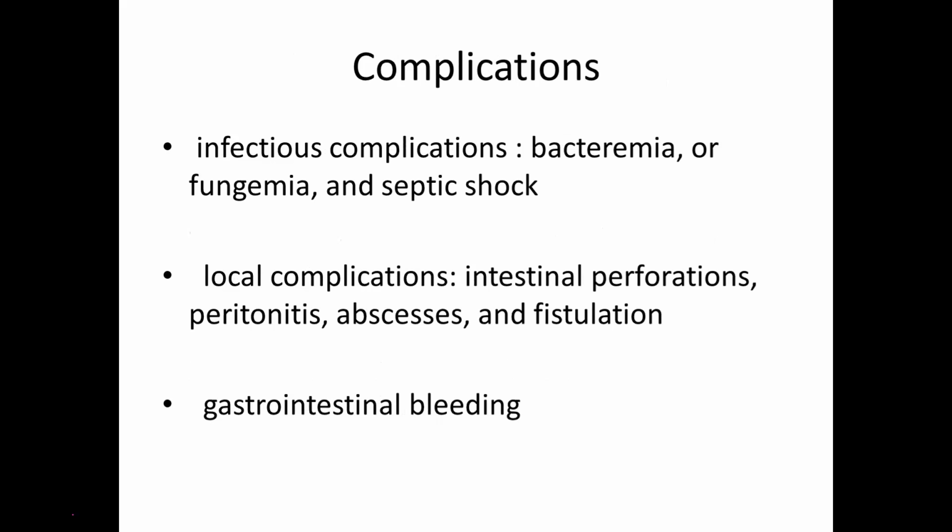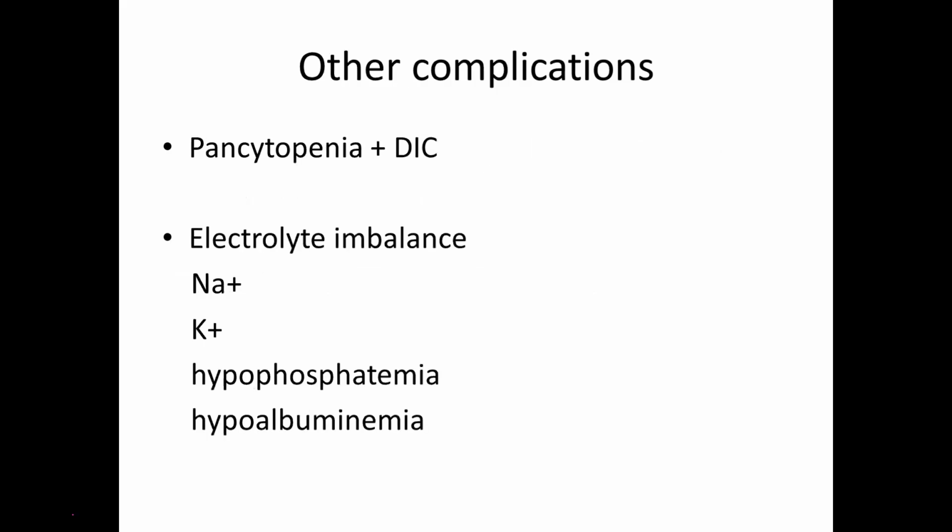There is also gastrointestinal bleeding, which could be secondary to disseminated intravascular coagulation associated with sepsis. Other complications, as mentioned, are pancytopenia and DIC, and electrolyte imbalances such as hyponatremia, hypokalemia, hypophosphatemia, and hypoalbuminemia. These are major complications which have to be corrected.